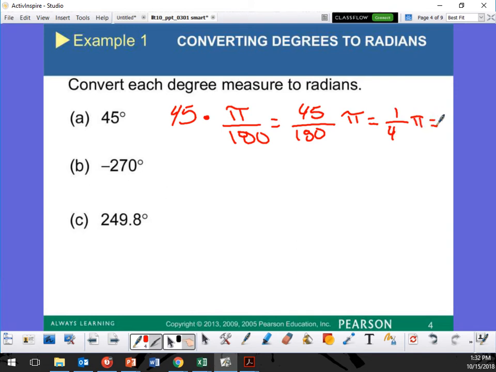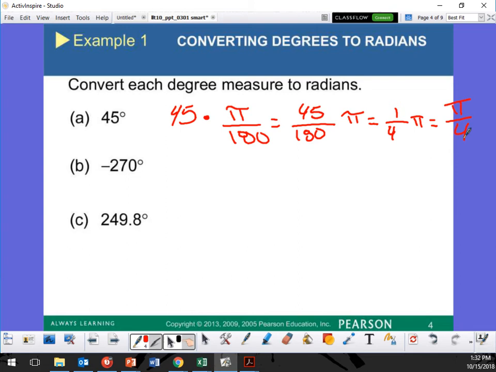So 1 times pi is just going to be pi. So I would call this just pi over 4. Yeah, if you put in the pi, it's going to mess it up. So just leave it as pi.